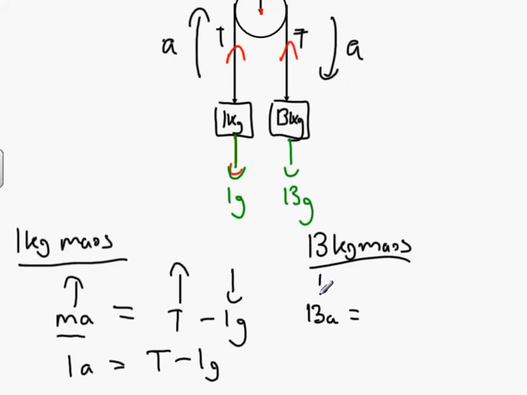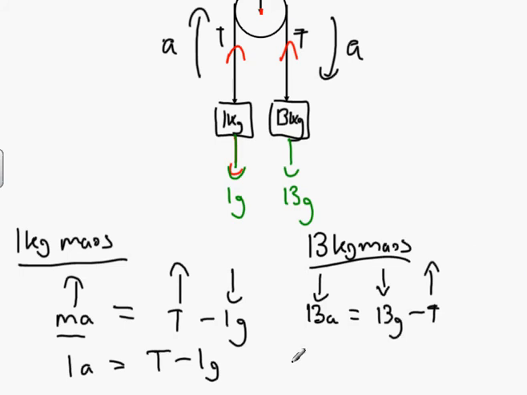So you write an arrow going down above it, just to help you keep track. Okay. What force is also going down, causing the 13 kilograms to be driven downwards? Its weight of 13g is driving it downwards. What's slowing it down in the opposite direction? The tension T, which is going upwards.